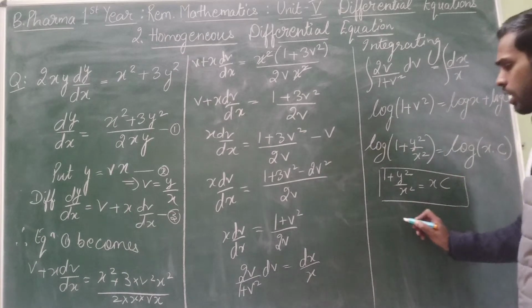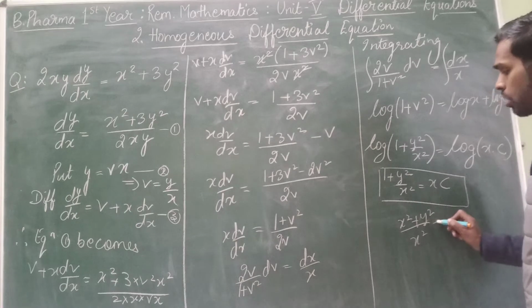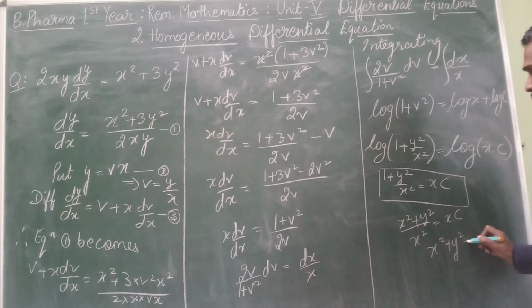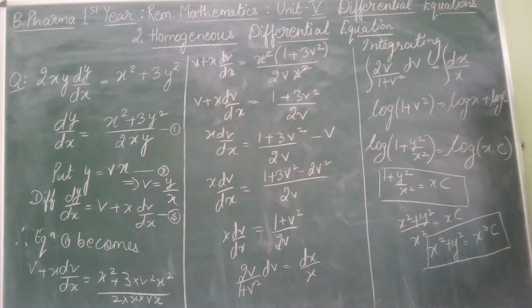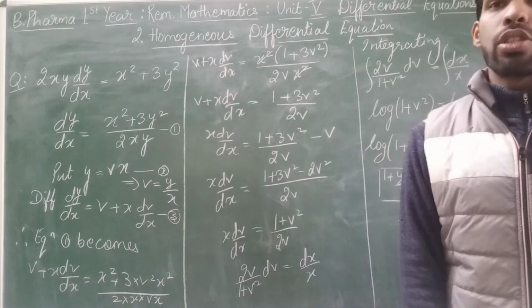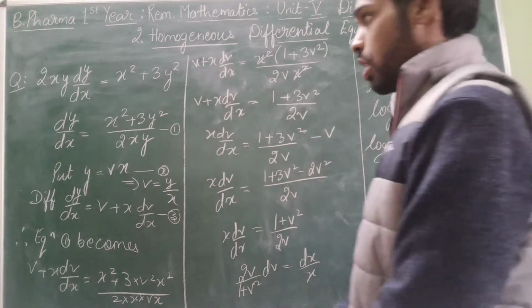If you want, you can take LCM, that is x square plus y square upon x square is equal to x into c, or x square plus y square is equal to x cube into c. That's it. These both are the required solutions of the given differential equation, which was a homogeneous differential equation. So in this question we have found the solution of a homogeneous differential equation.